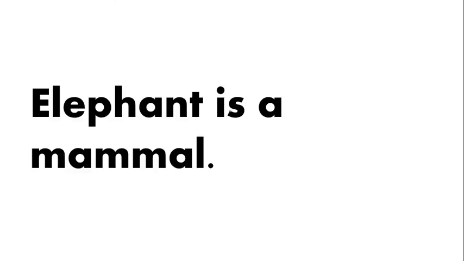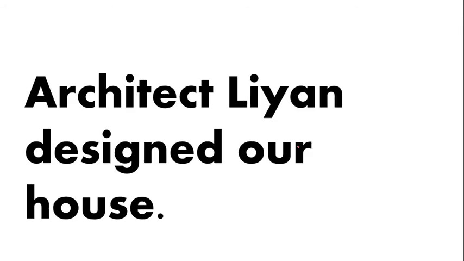So our verb here is is, and as you all know, this is a linking verb. Another one, architect Lian designed our house. So here we also have the verb designed, and designed here is what? Very good, an action verb.